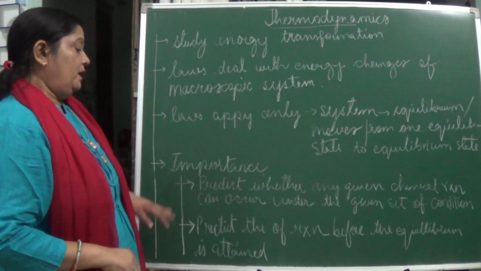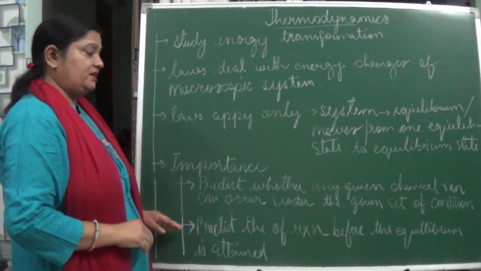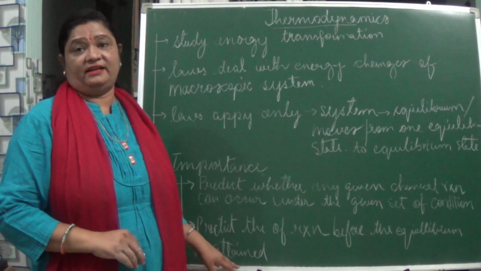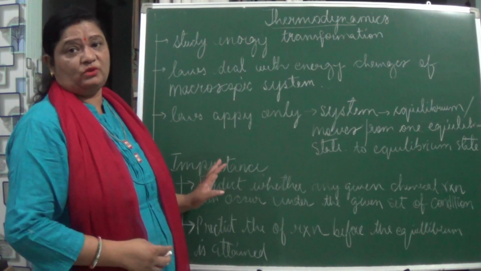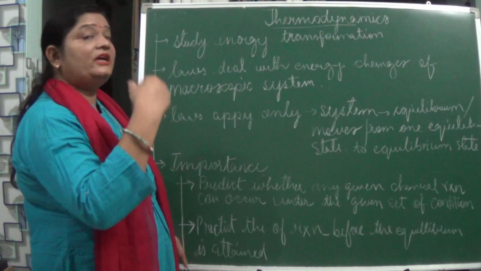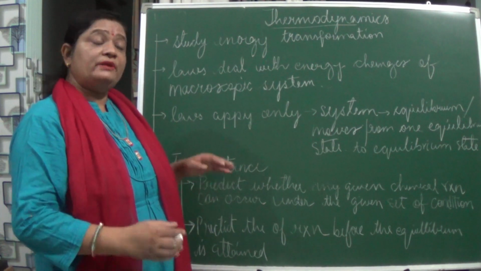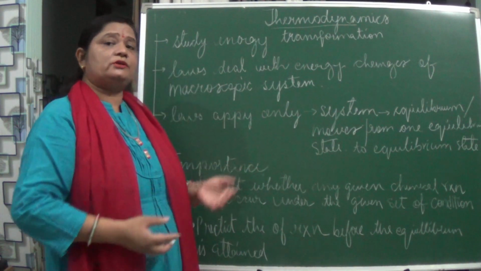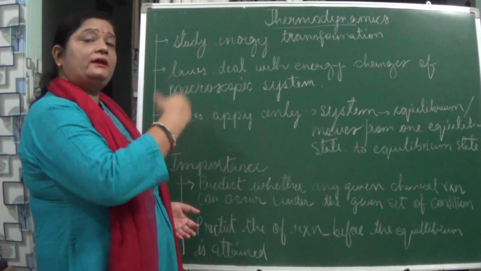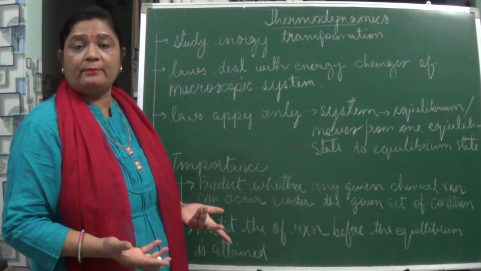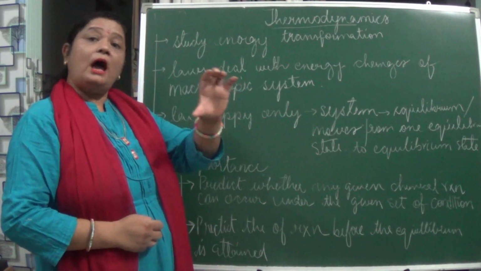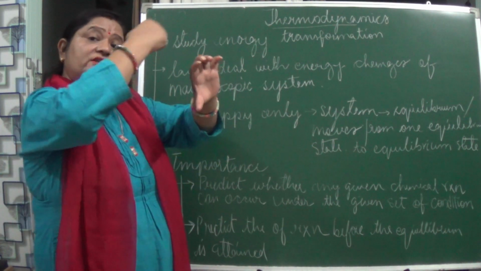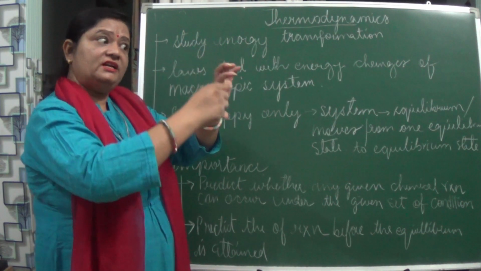It also predicts the reaction before the equilibrium is attained. It also says when the products will be formed and when the equilibrium will be attained. Sometimes the reaction attains equilibrium and then reverses back. Why does this happen? Because in the product the energy becomes more, and if the energy becomes more, it again becomes unstable.